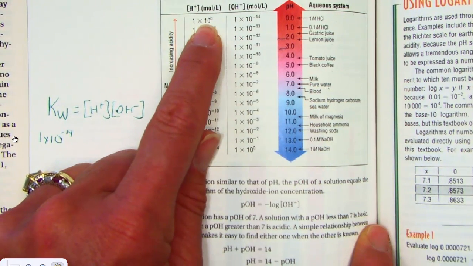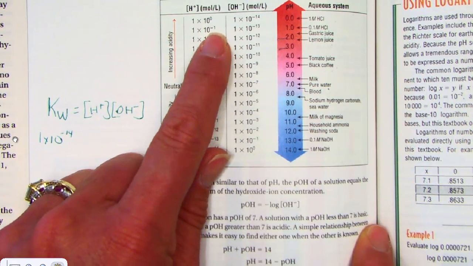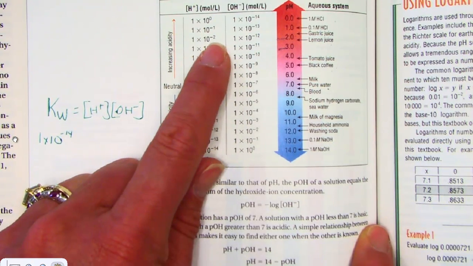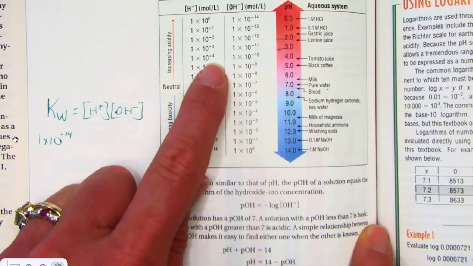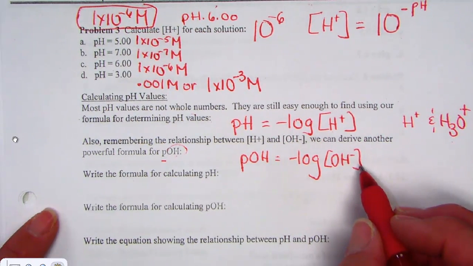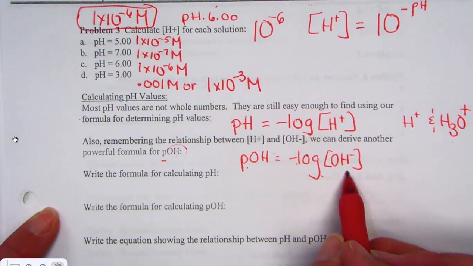When the pH is 0, pOH is 14. When the pH is 1, pOH is 13. pH is 2, pOH is 12. We see the relationship between pH, power of hydrogen, and pOH, the power of hydroxide. The pOH is negative log of hydroxide.